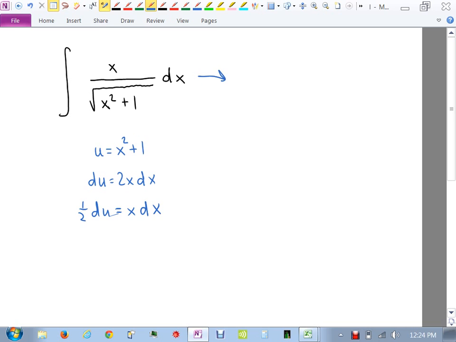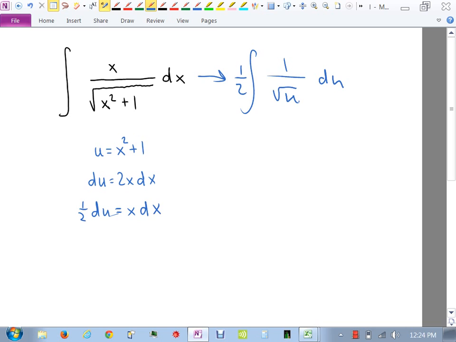So that just becomes the integral of x dx is 1/2 du, 1 over square root of u, which is just u to the negative 1/2. Basic substitution, done.